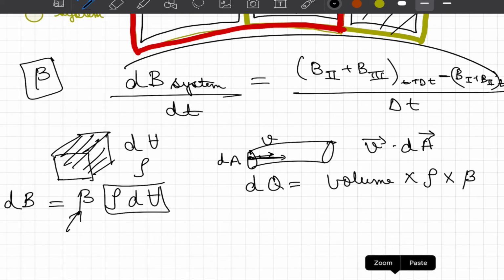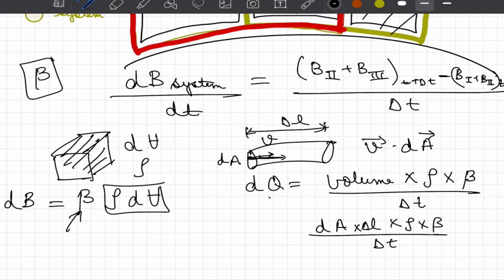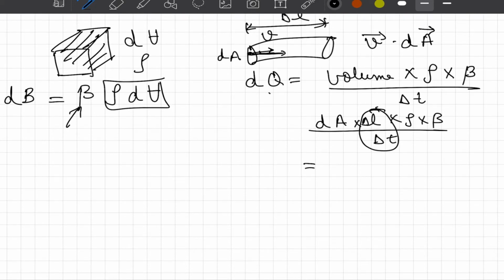Now, when we talk about the rate of flow of extensive property, we are essentially looking at it per unit time. Volume, as we know, is given by dA multiplied by delta L, where delta L is the length of this small unit that we are considering, multiplied by rho multiplied by beta over delta t. And this delta L upon delta t, in fact, is the velocity of the fluid under consideration, along the direction of the area that we are considering.